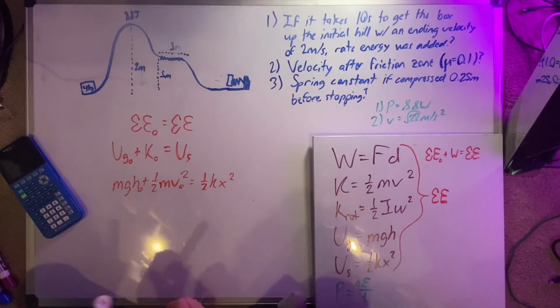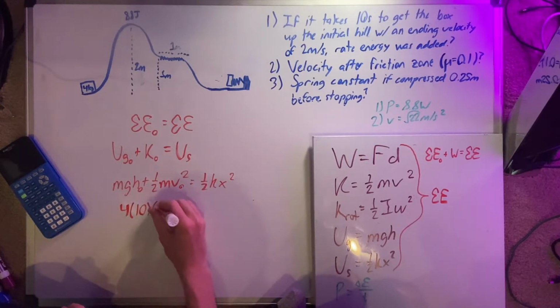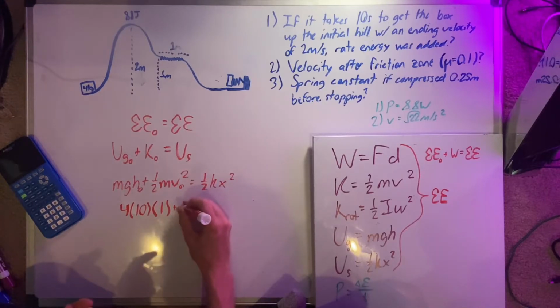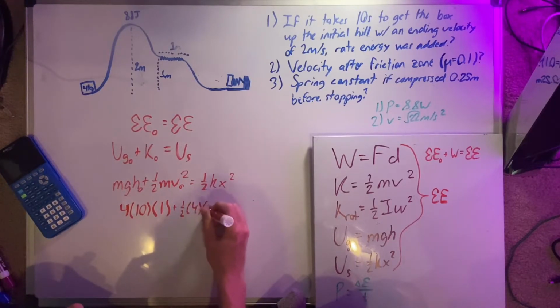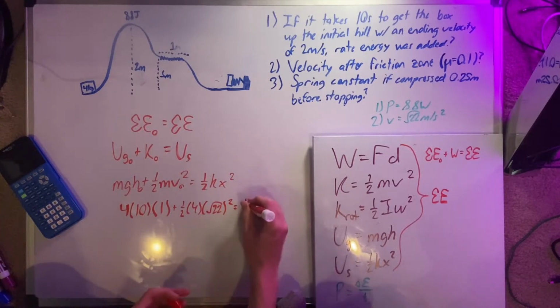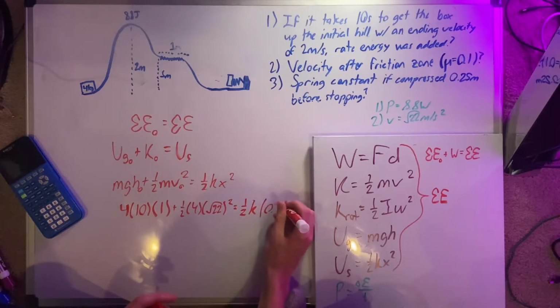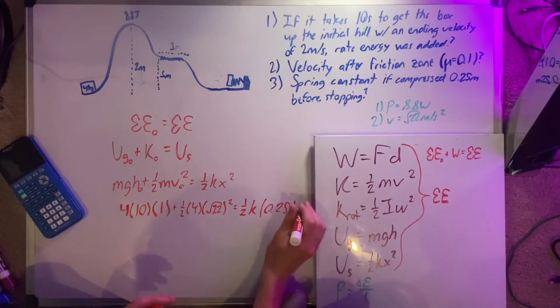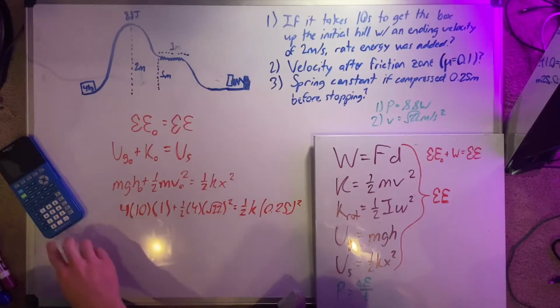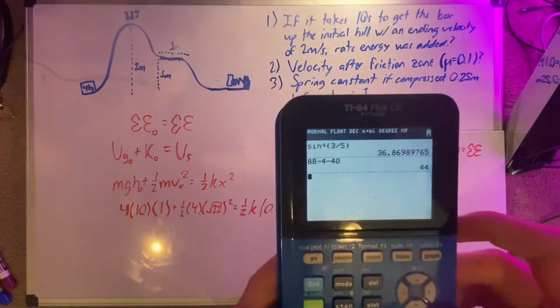Now we can plug all the values we know in. 4 times 10 times 1 plus 1/2 times 4 times root 22 squared is equal to 1/2, we're looking for the k, times 0.25 squared. There we go. And now we can plug all of that into our calculator.